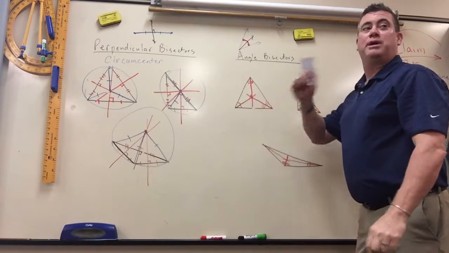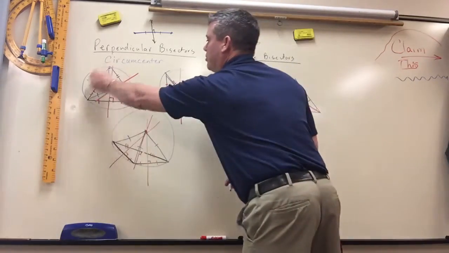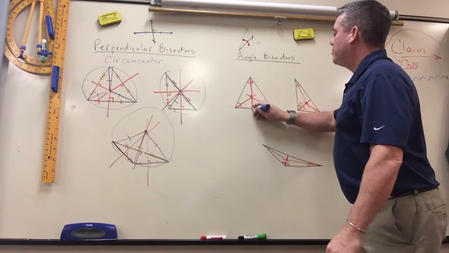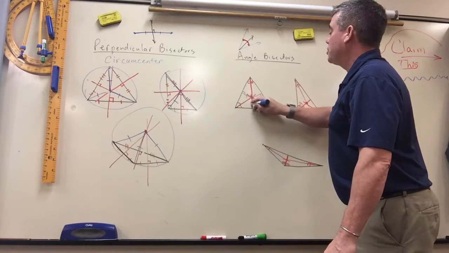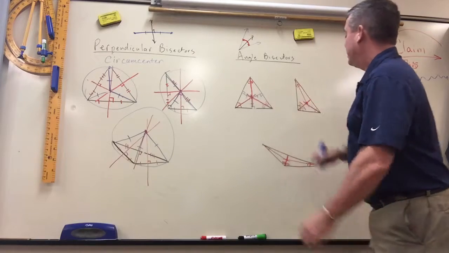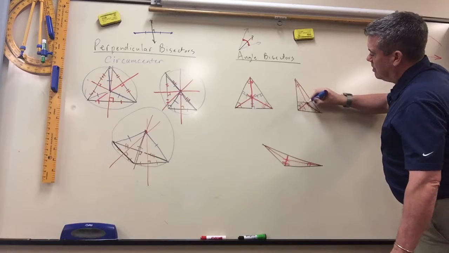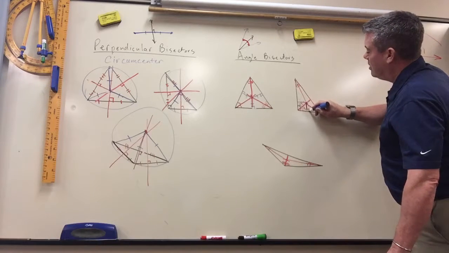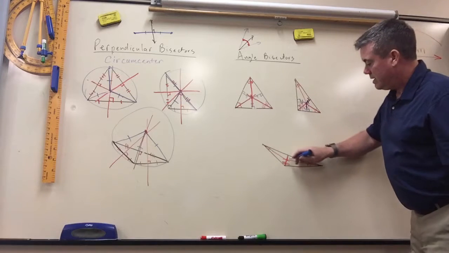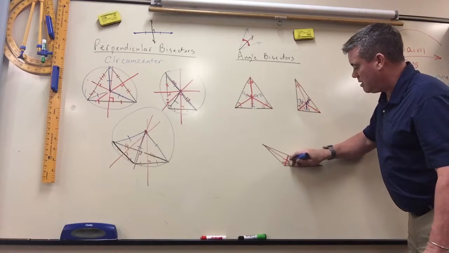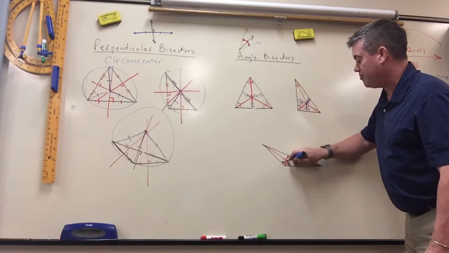So that means this point is the same distance from the sides, not the vertices, but from the sides. So from here to here, here to here, and there to there, those are all the same. Same thing here, although my drawing isn't very good, but there to there, there to there, and there to there would be the same. And here to there, there to there, and there to there would be the same.